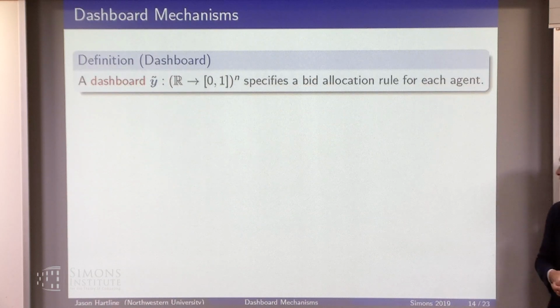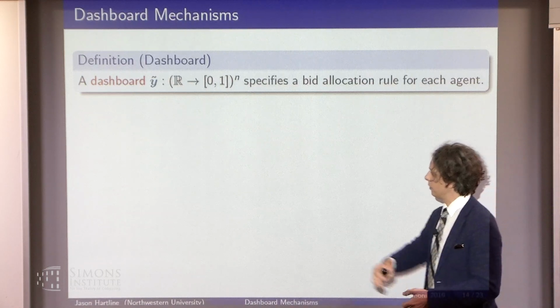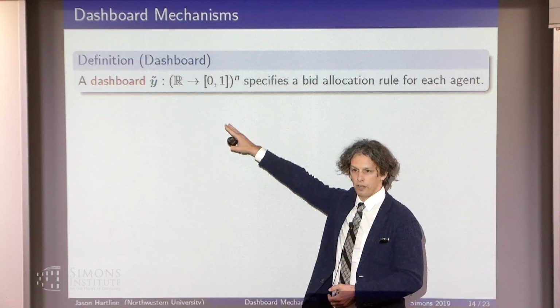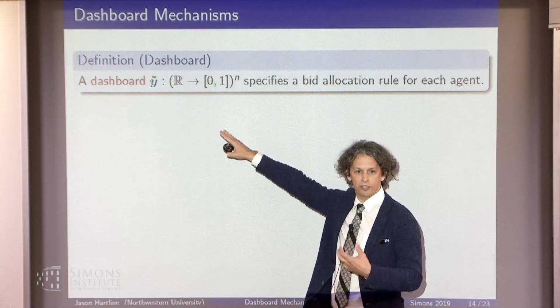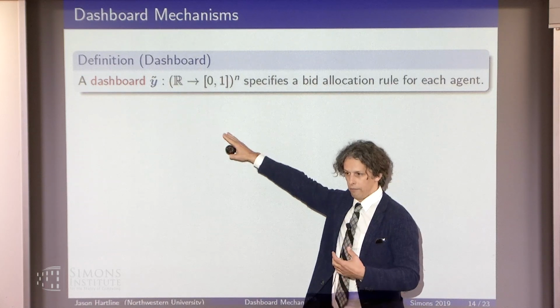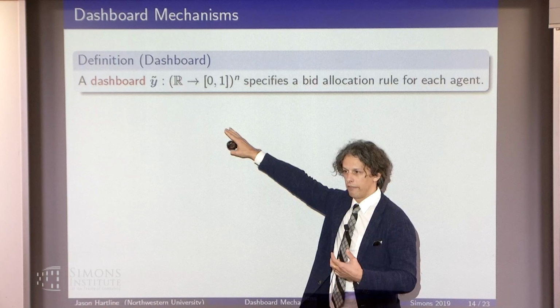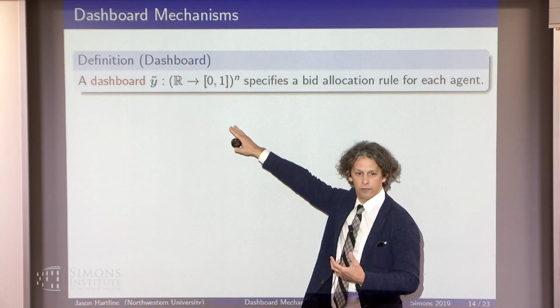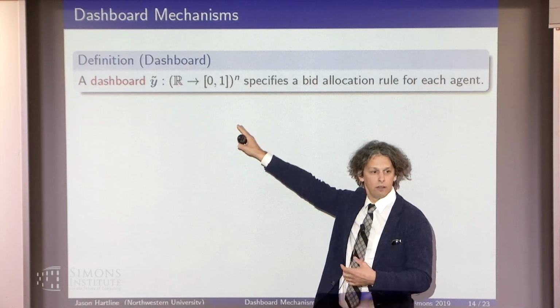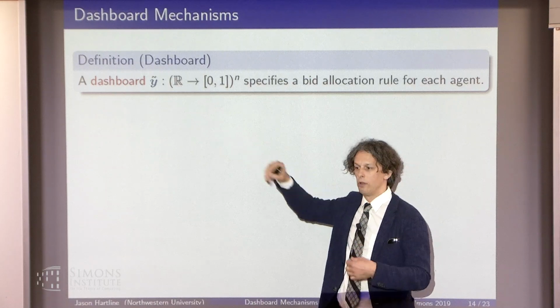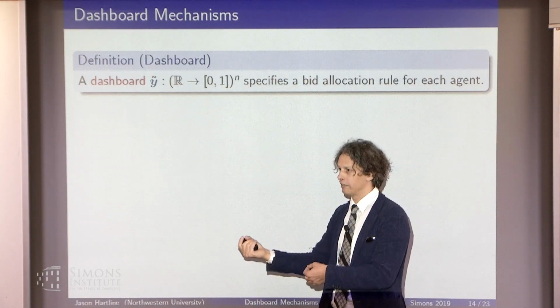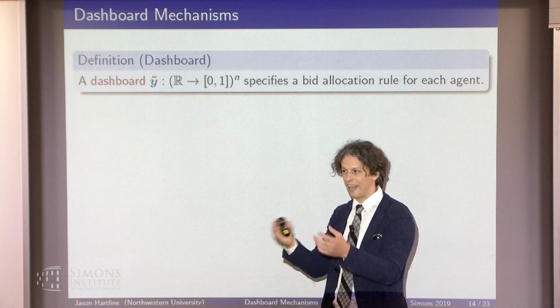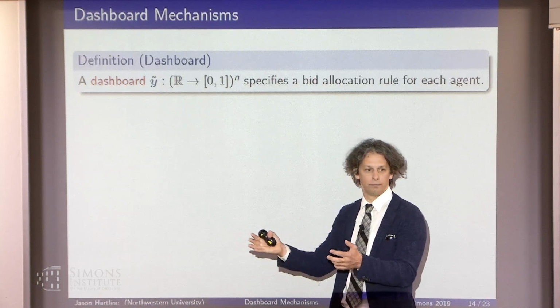Cool. Now to formally define our dashboard. So our dashboard is going to basically be counter estimates of what would happen for any bid of the agent, what are they likely to get served. So this is a profile of bid allocation rules with one bid allocation rule for each agent. Okay, and agent i gets to see their bid allocation rule.